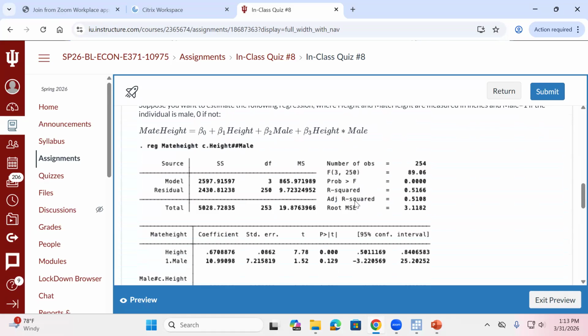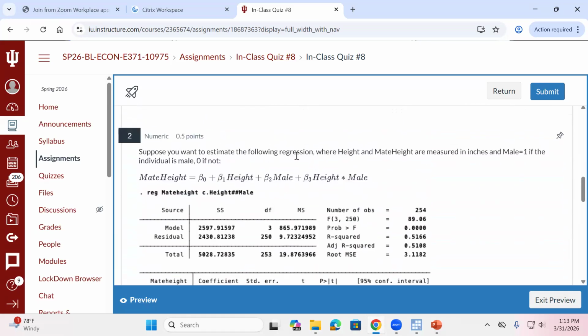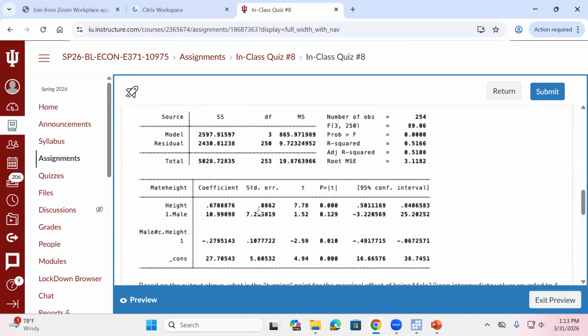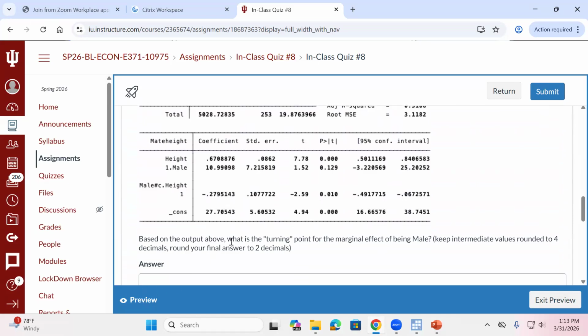Okay. So let's run with the same example, right? And I run the following regression, get the exact same results. If I'm looking for the turning point for the marginal effect of being male, what is that going to be? Okay. So we're going to switch back over and say, okay, I've got these coefficients.